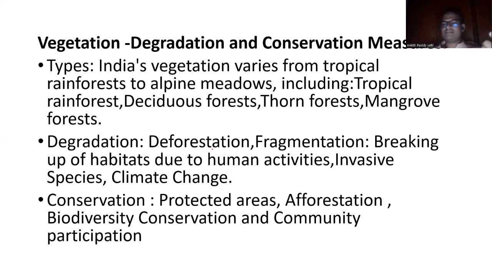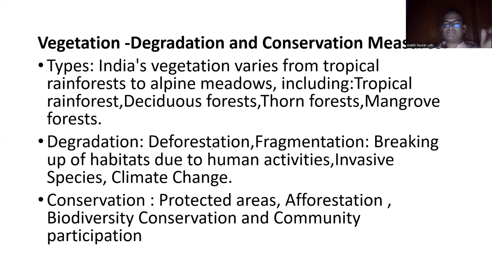They may also ask about degradation and conservation methods, since they are mentioned in the syllabus. How is this vegetation getting degraded? You all know it is because of major deforestation, caused by shifting cultivation, overgrazing, and forest fires. Another major problem is the breaking up of habitats, the fragmentation of vegetation.